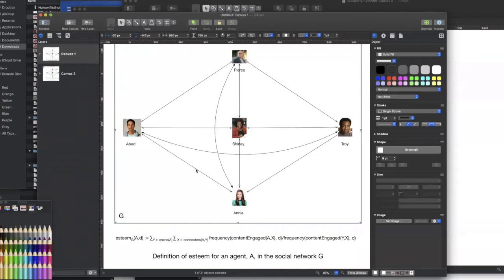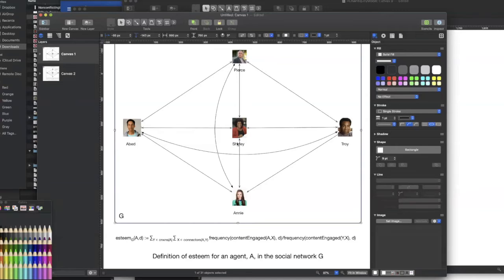So we look at the relative esteem with Pierce, the relative esteem with Troy, the relative esteem with Shirley, and the relative esteem with Annie. And that will give you an esteem for Abed, which is not relative, right? It's summed up over all of his immediate community.